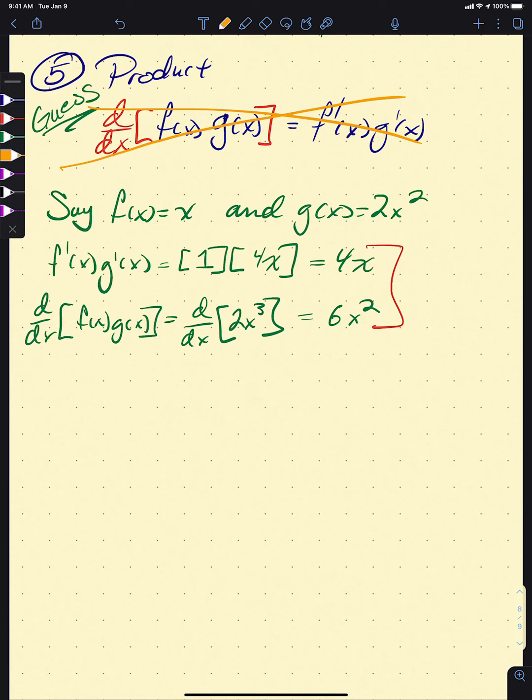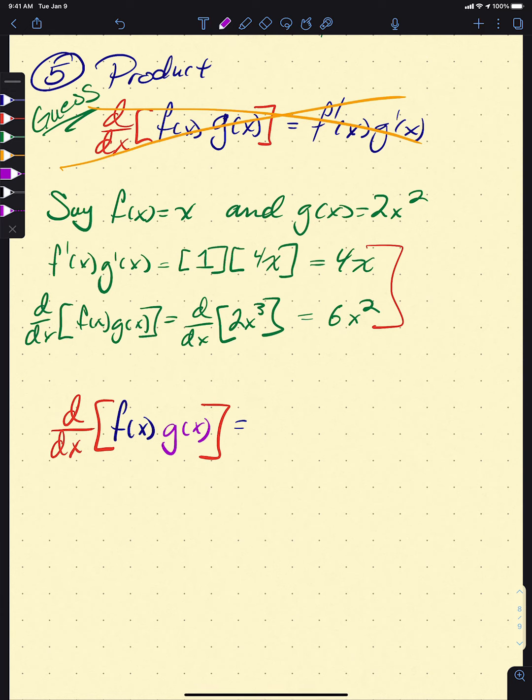We're going to omit a proof of the product rule. There's one in the book. I recommend you take a look at it. It has a few handy tricks that might help your math muscles train a bit. But this is what we get, okay? And actually, what I'm going to do is color code our f and our g.